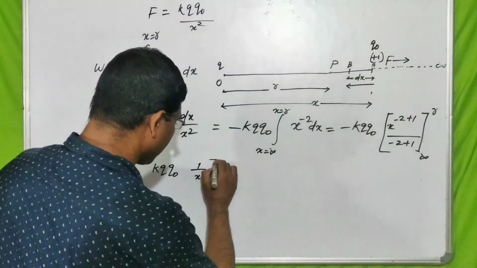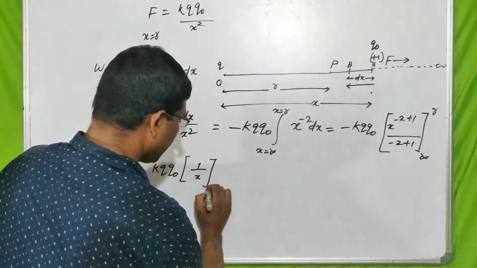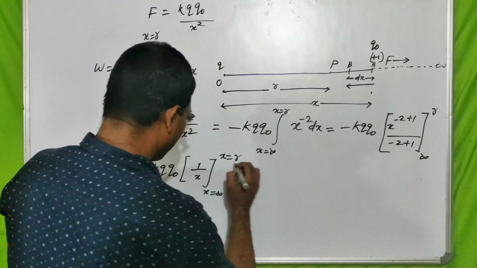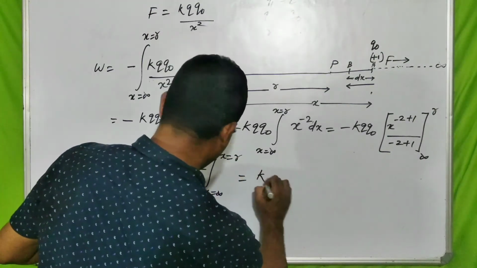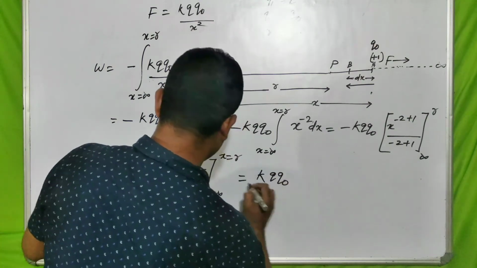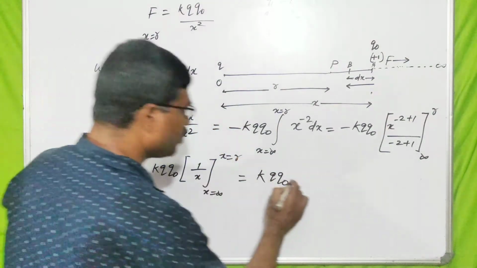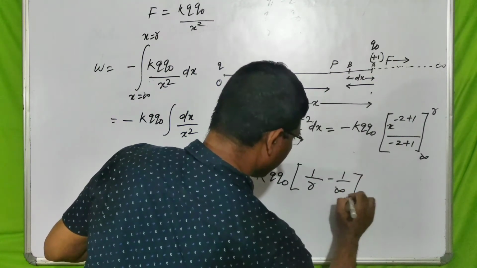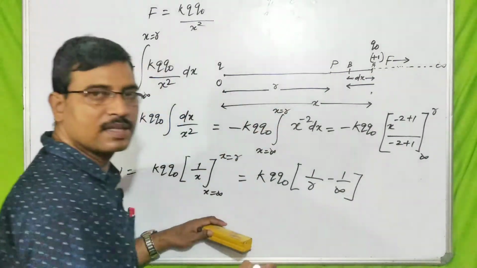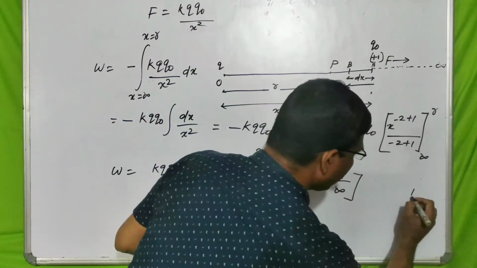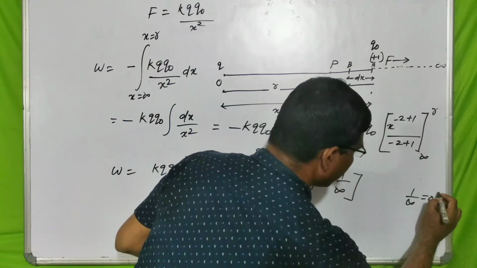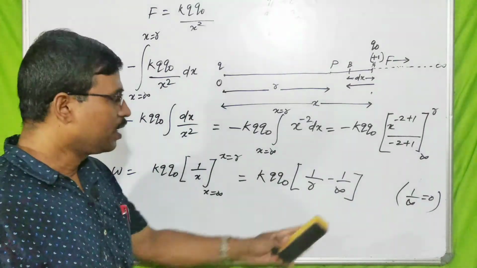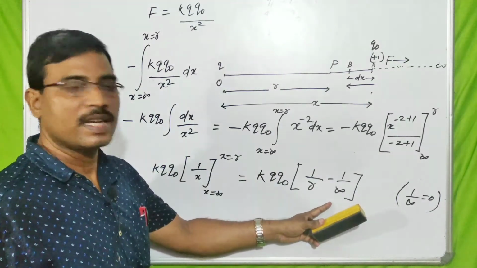From x is equal to infinite to x is equal to r. Now put the value: k q naught, 1 by upper limit 1 by r minus 1 by infinite. So that means 1 by infinite is 0. That means electric potential is 0 when distance x is at infinite.